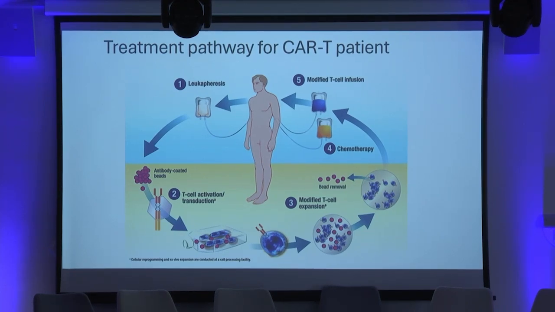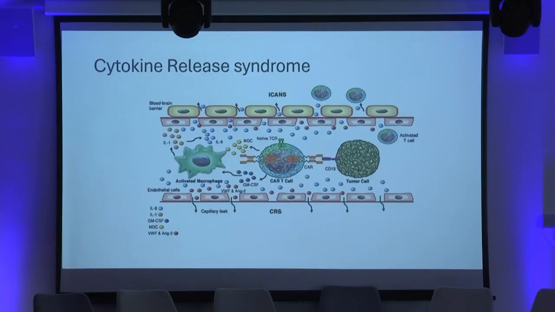So the cells are alive and potentially can be long-lived and memory cells, so they could potentially provide lifelong protection from the disease. Now, one of the consequences of injecting these charged up immune cells called T cells into the blood is that they recognize things as foreign and they start to make copies of themselves, which is necessary for the long-term persistence and for the actual tumor shrinkage.